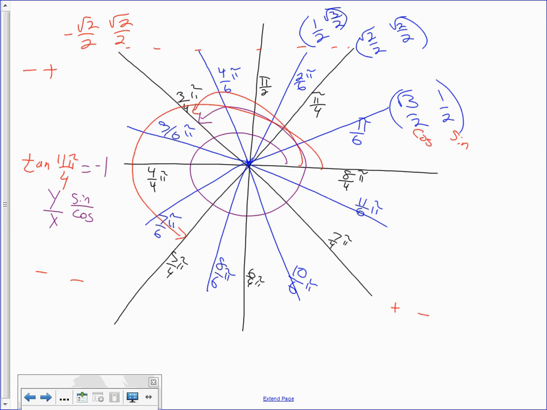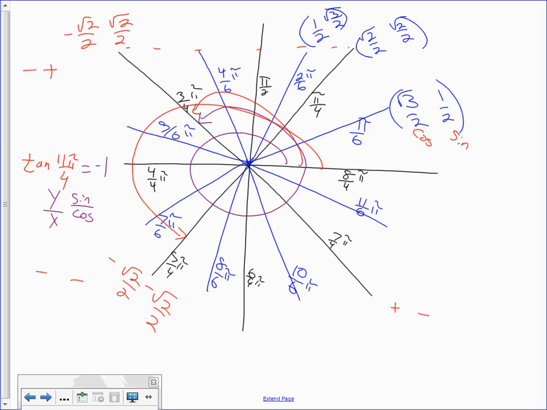The ordered pair, well, it has a reference angle, as you can see again, of root 2 over 2, root 2 over 2. Well, what do you know about both sine and cosine here? They're both negative.